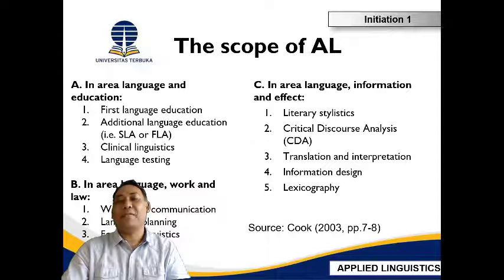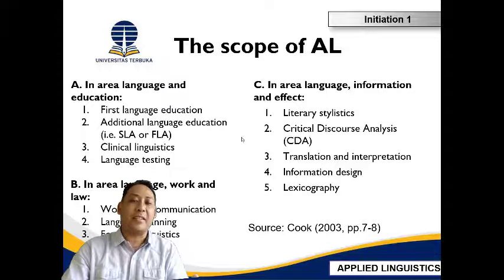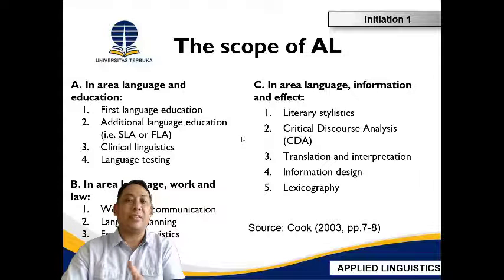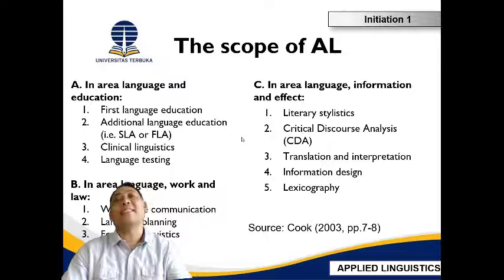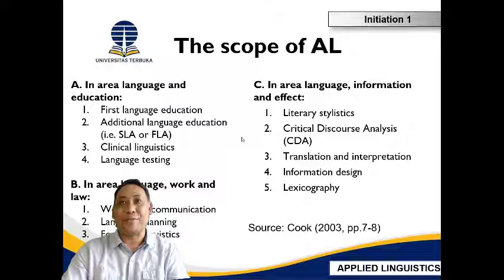And in the area of language information and effect, we can also talk about literary stylistics, critical discourse analysis. This is interesting. Translation and interpretation, information design, and lexicography. Okay.